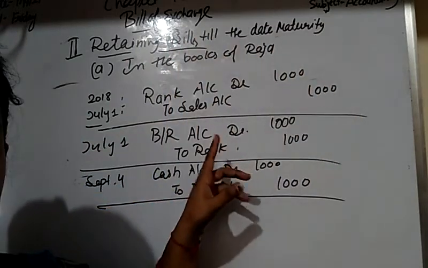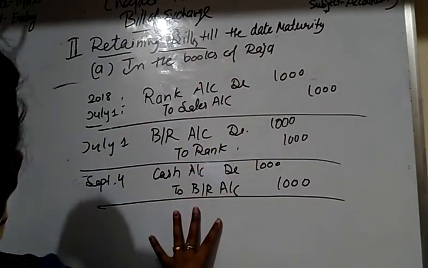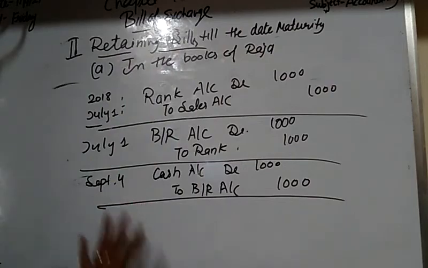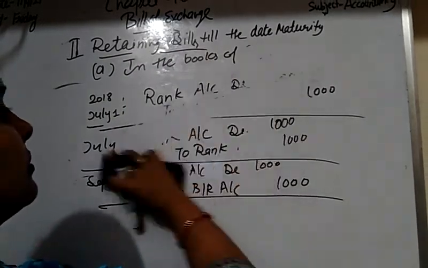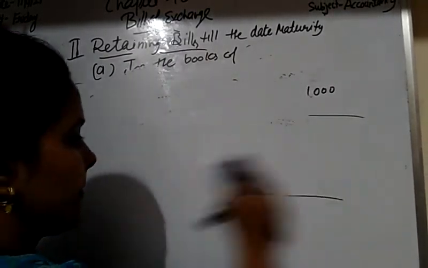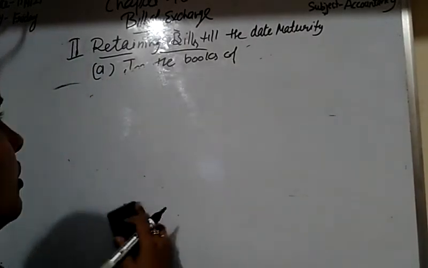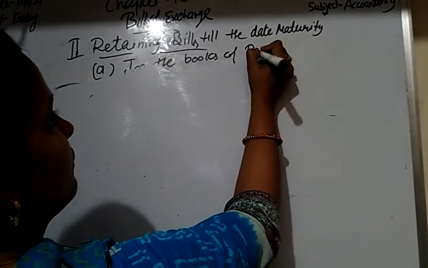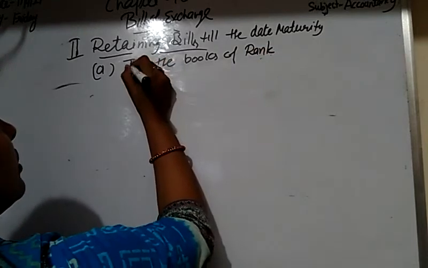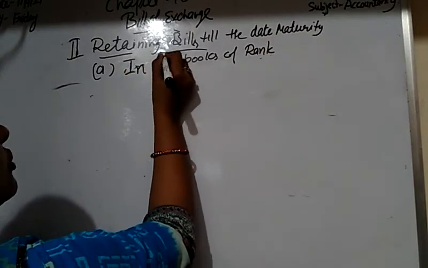So Raja is the seller, and these are the entries in the books of Raja. Now we are passing the journal entry in the books of Rank. Rank is the drawee. In the books of the drawee, when he purchased goods, now we are taking the point of view of Rank.